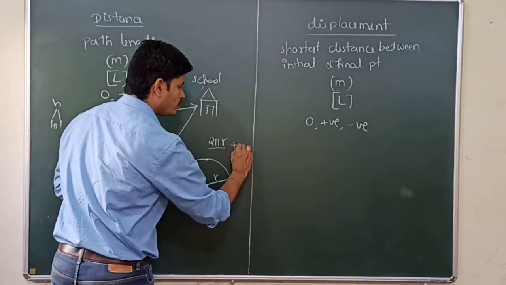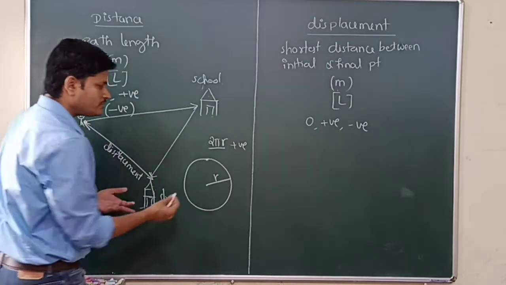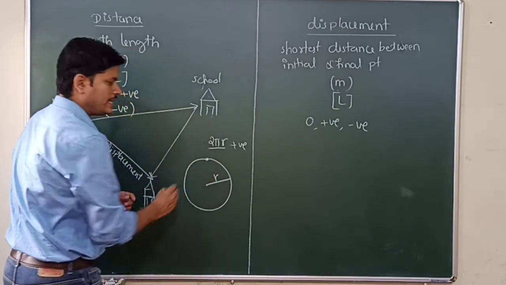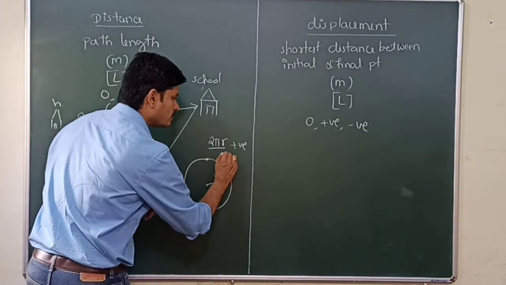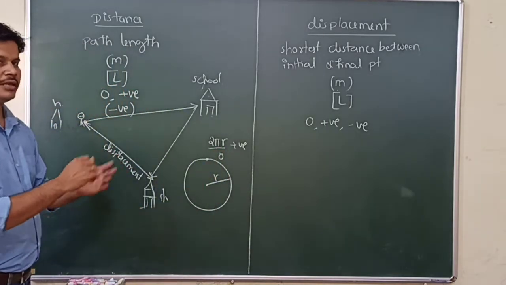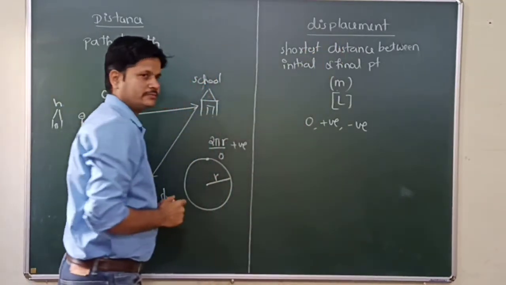That is a positive value, correct? If the person does not travel and stays here only, the path length covered is 0, but it cannot be negative. But look at the displacement.